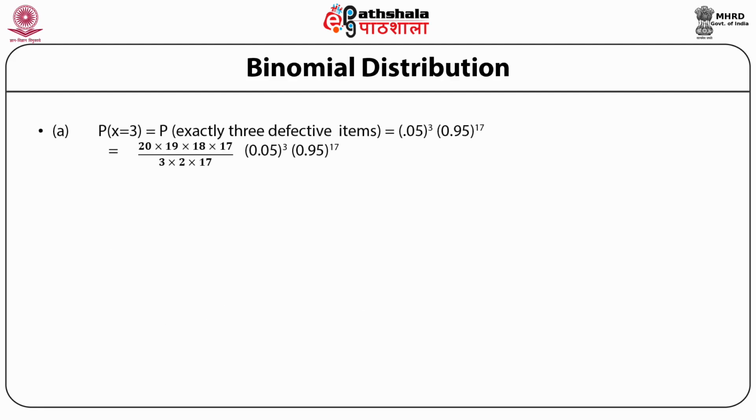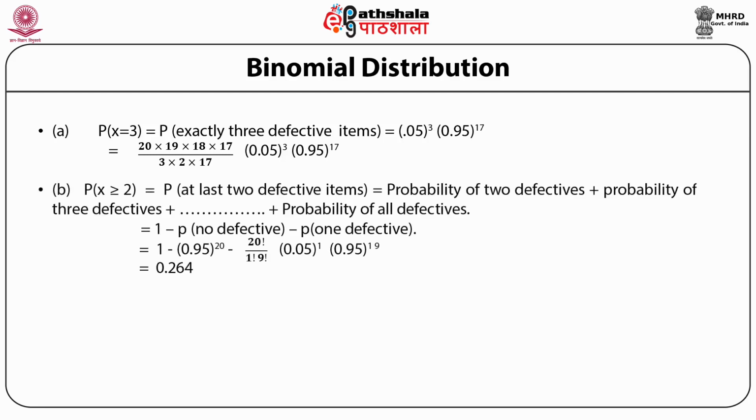Number 1, probability if x takes exactly 3, that is exactly 3 defective items. So nCr p raised to the power r, q raised to the power n minus r. Second, probability x is greater than or equal to 2, that is at least 2 defective items, 2 or more than that.